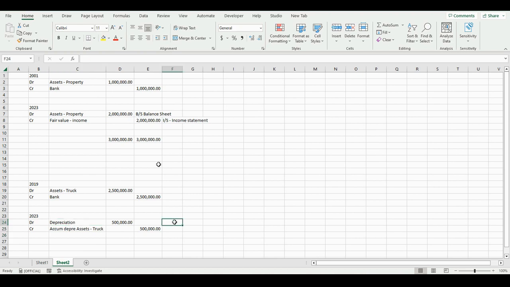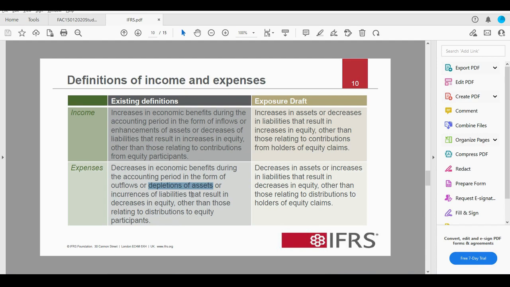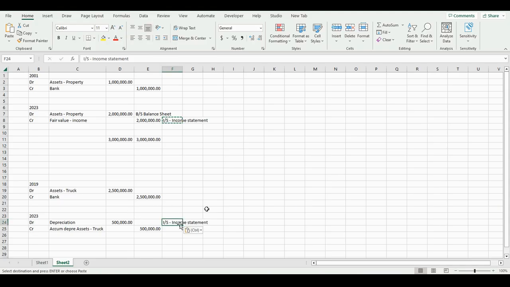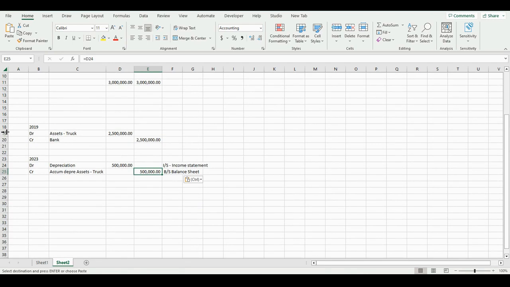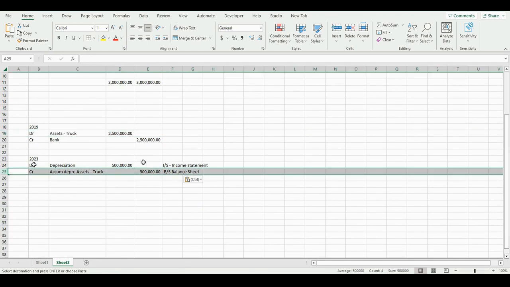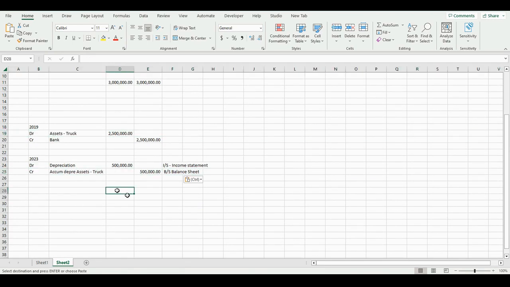So this goes into your income statement. It's an expense. So now it talks to this depletion of assets. Then the other leg goes to your balance sheet. So when we're doing financial statements, this amount will be netted off against this amount. As you can see, this one is on the debit, this one is on the credit. So when you map these together, you will see that you'll be left with 2 million.